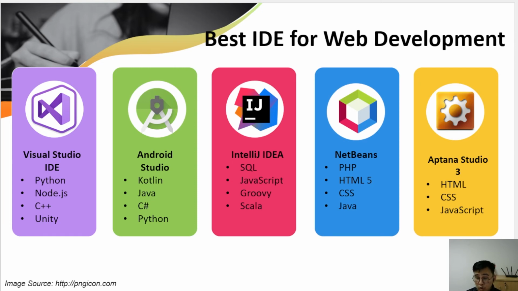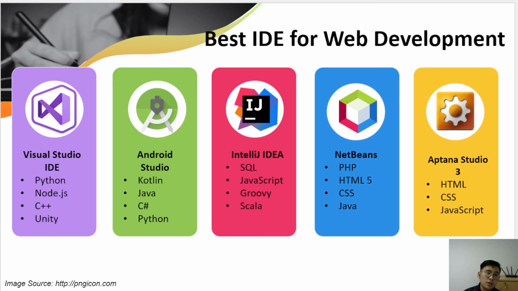We also have Android Studio. This is the native one, the one we are introduced to for developing our Android applications, which supports Kotlin, Java, C Sharp, and even Python. We have IntelliJ IDEA, where we can focus on managing our SQL, JavaScript, Groovy or Scala, some new things that we can try.